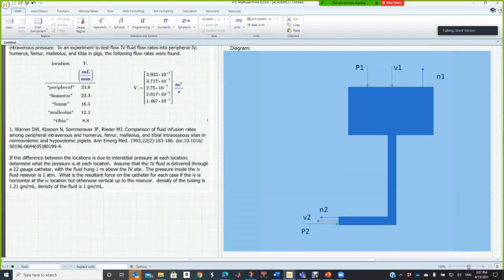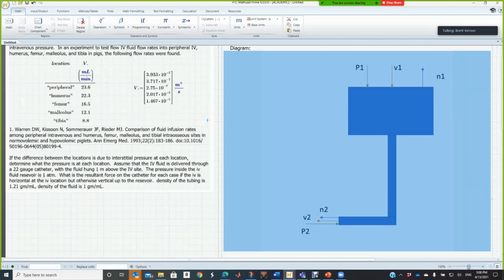this system here. So this is the IV bag up here, and then this is the tubing and the needle stuck into the patient here. And at this location up here, you're going to have some velocity inside this IV bag moving this way. We're going to assume that this velocity is so small compared to this that it's zero, because this diameter is so much bigger.